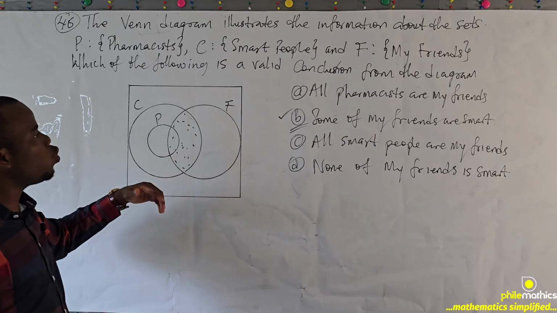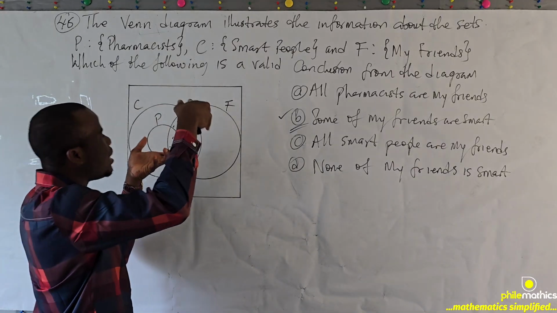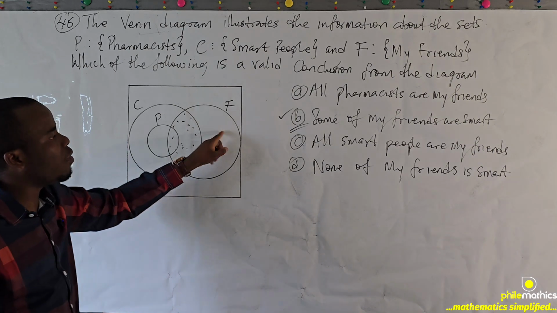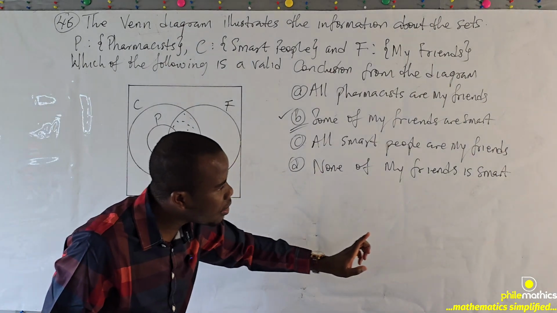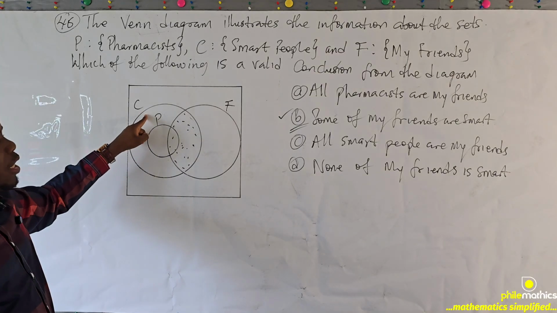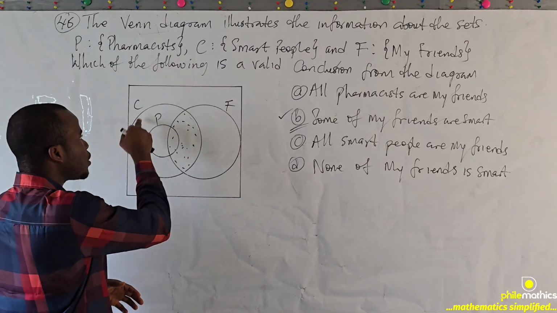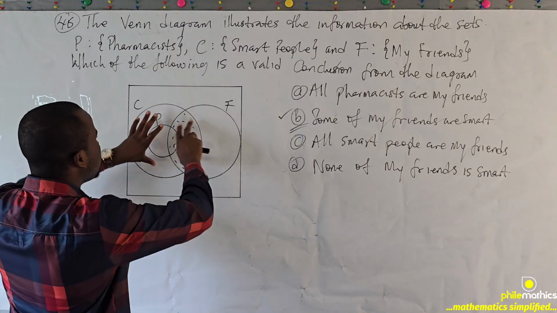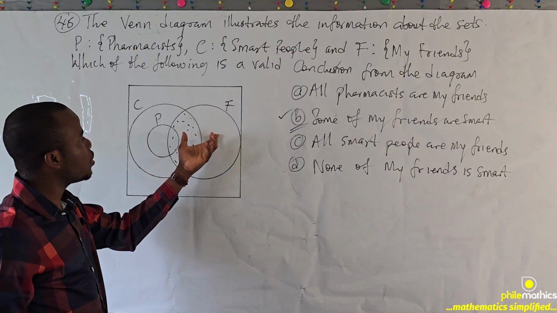No, no. This will be true if the smart people are inscribed inside all my friends, inside this circle. D says none of my friends is smart. That's not true. This will be possible if there is no intersection between smart people and my friends. That means this circle is detached completely from this.